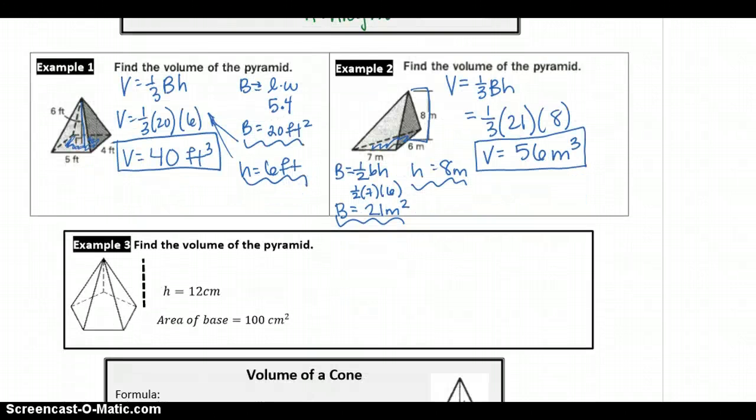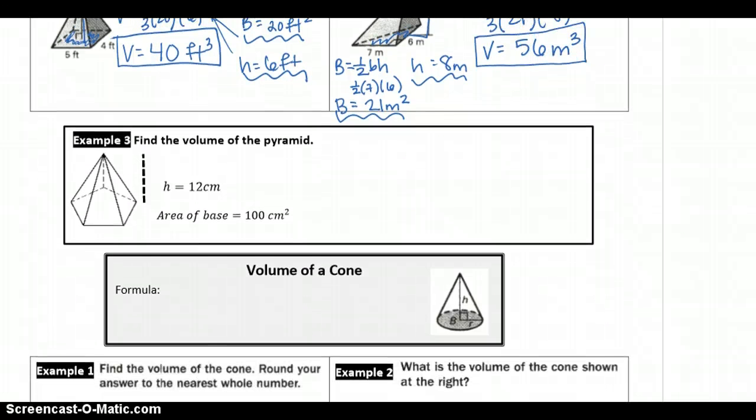Let's look now at example number 3. It has to find the volume of the pyramid, and it gives us a base and a point at the top. So this is indeed a pyramid. So the formula for the volume of a pyramid is V equals 1/3 capital B times H. It gives us the area of the base to be 100 centimeters squared.